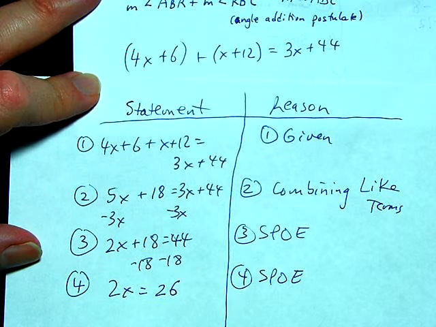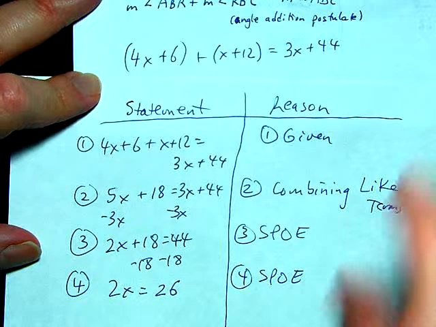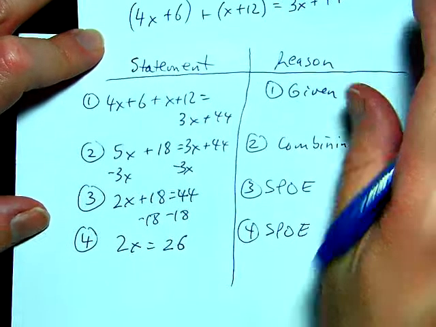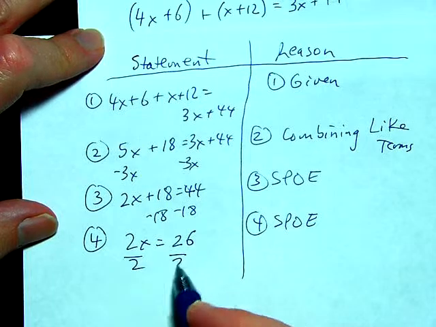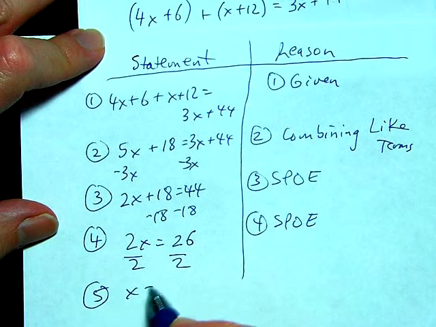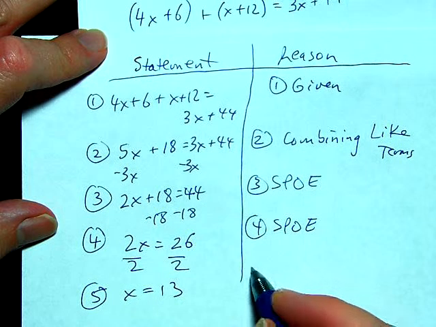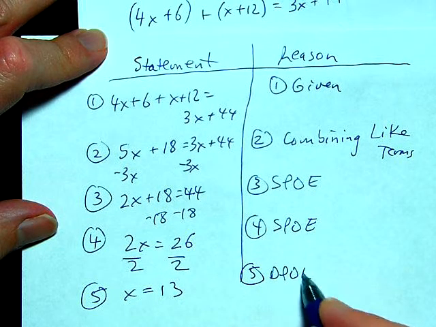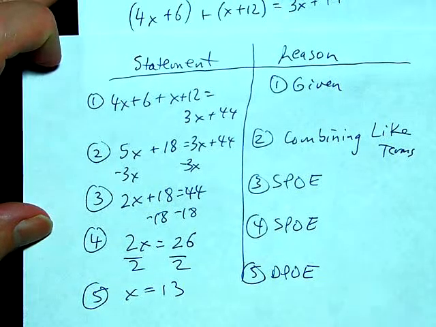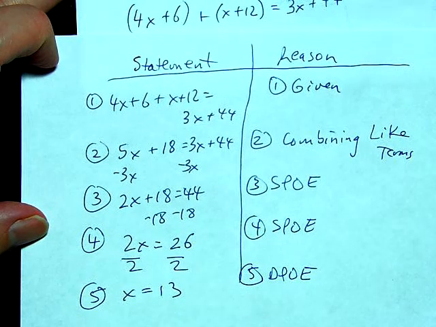Okay, and the last thing to do would be to divide both sides by 2, and we get our answer x equals 13, which is by the division property of equality. Okay, so this would be the actual proof and justification of why x equals 13.